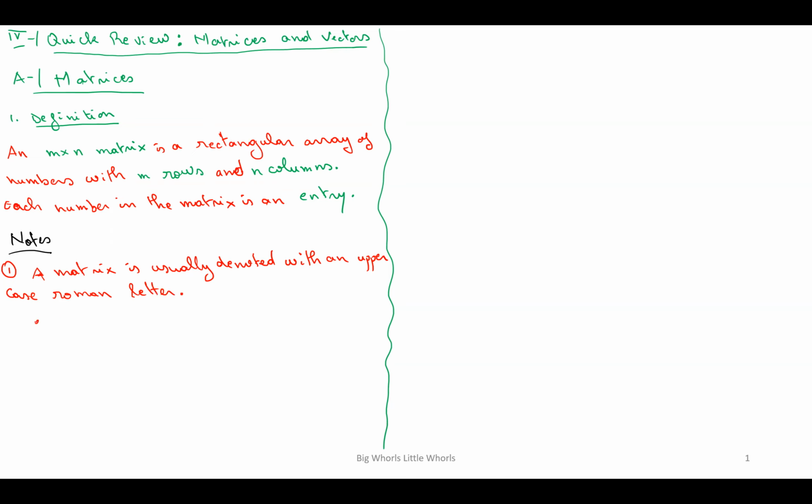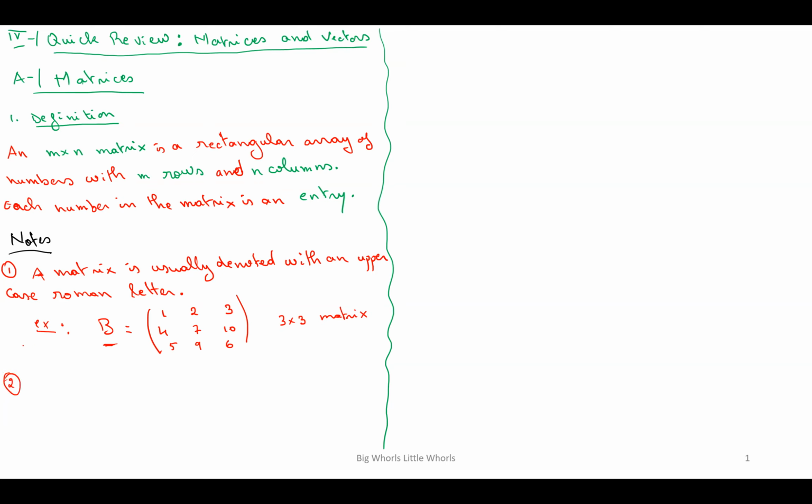For example, we have B equals 1, 2, 3, 4, 5, 6, 9, 10, 6. If you pick this matrix, how many rows do you have? 1, 2, 3 rows. And how many columns? 1, 2, 3. So this is a 3 by 3 matrix, and we denote it with an uppercase Roman letter.